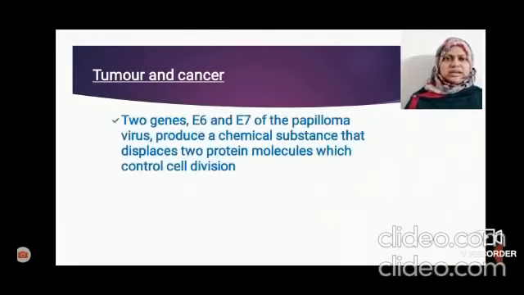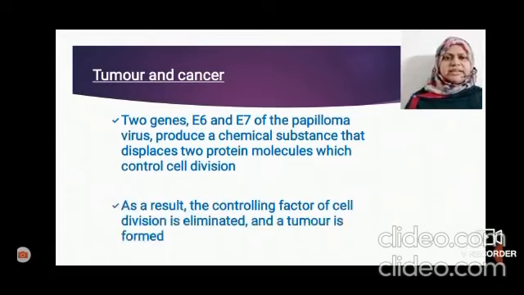Two genes, E6 and E7 of the papillomavirus, produce a chemical substance that displaces two protein molecules which control cell division. As a result, the controlling factor of cell division is eliminated and a tumor is formed.